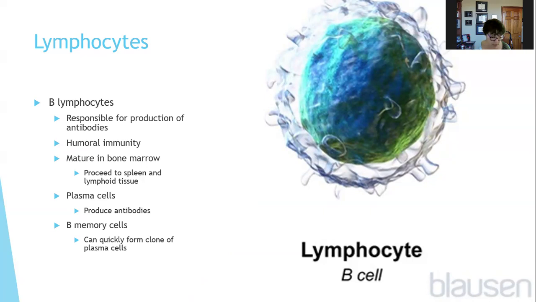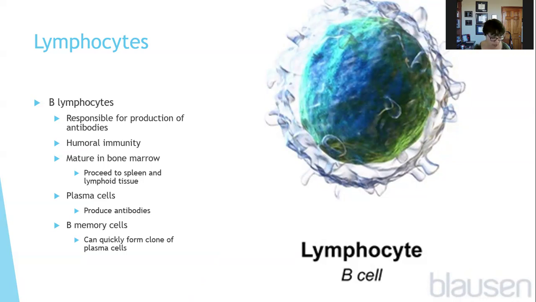B lymphocytes act primarily against bacteria and viruses that are outside the body cells. The cytotoxic T killer cells can act on body cells gone wrong, as well as foreign antigens. B cells mostly act on foreign antigens, so bacteria and virus and things from outside the body.